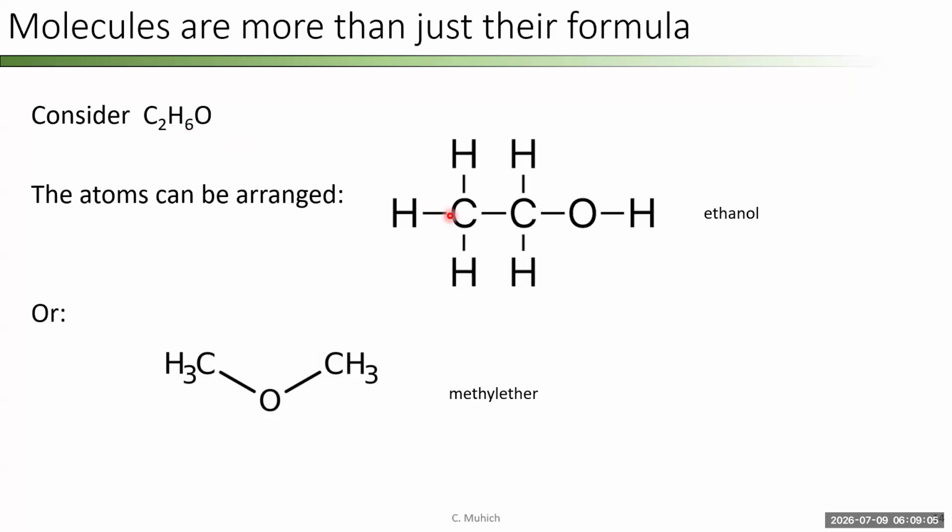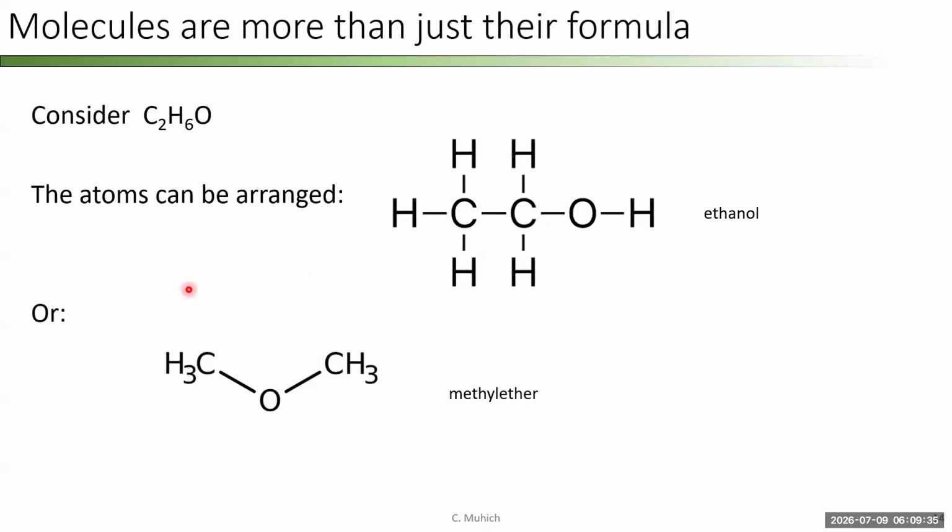Here on the right, I'm showing ethanol. Here we have a single line denoting a covalent bond between this hydrogen and this carbon. Same thing here, here, here, etc. And this is structured in such a way that one carbon has three hydrogens. The second carbon has two hydrogens. And then we have the oxygen and then finally a hydrogen.